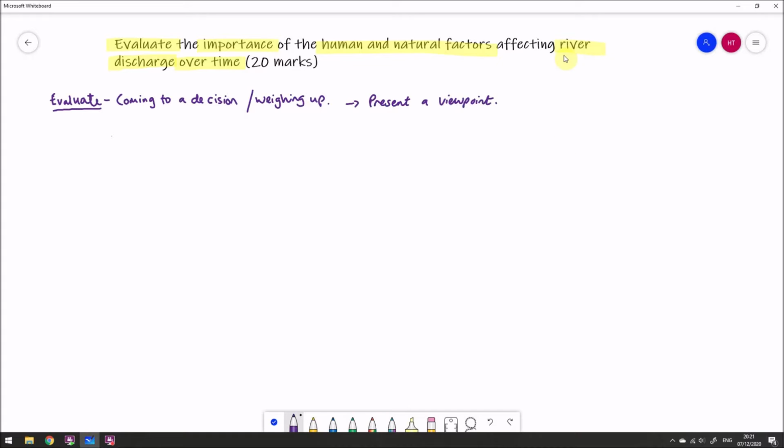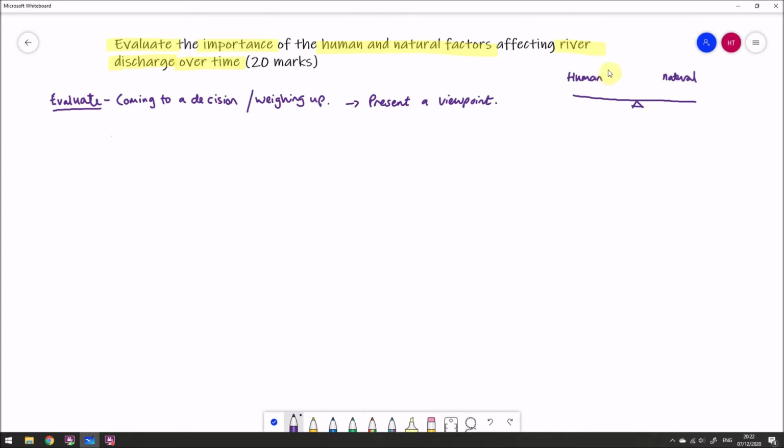So the first thing you might want to actually do is to think about where your viewpoint actually is. So if we think about human factors and we think about natural factors, we think about a little seesaw that sits between those two, okay, where would your seesaw tip?